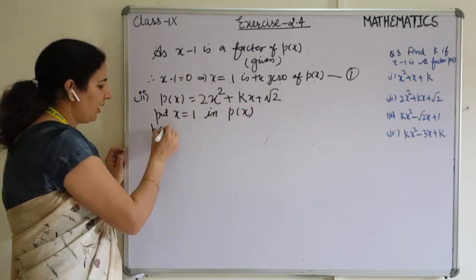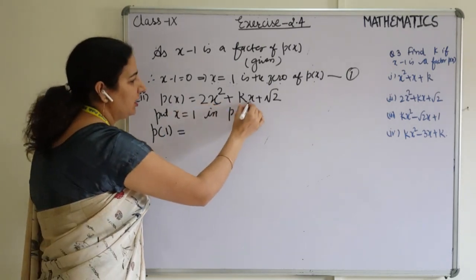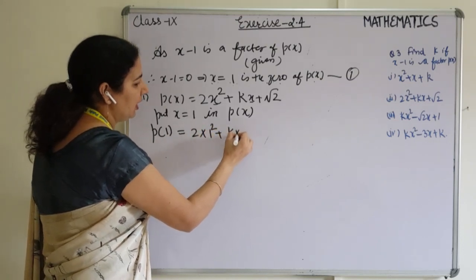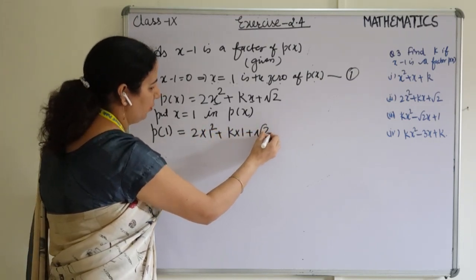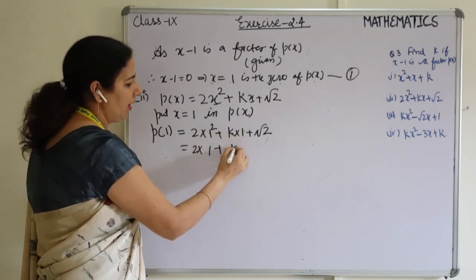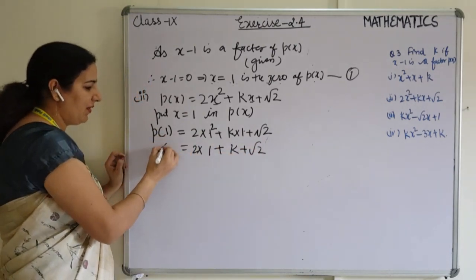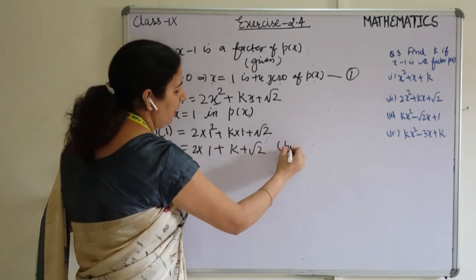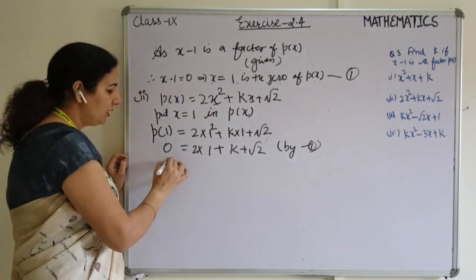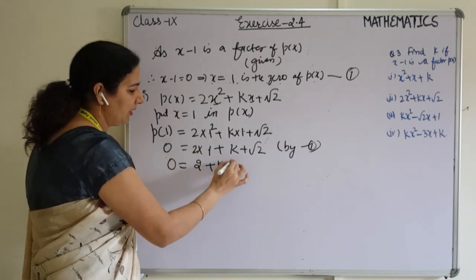Then the polynomial px will become p1, and you have to change these x by 1. 2 into 1 square plus k into 1 plus under root 2. 2 into 1 square is 2, k into 1 is k, plus under root 2. And we know that p1 is equal to 0, by using 1, for the same reason. So 0 is equal to 2 plus k plus under root 2.